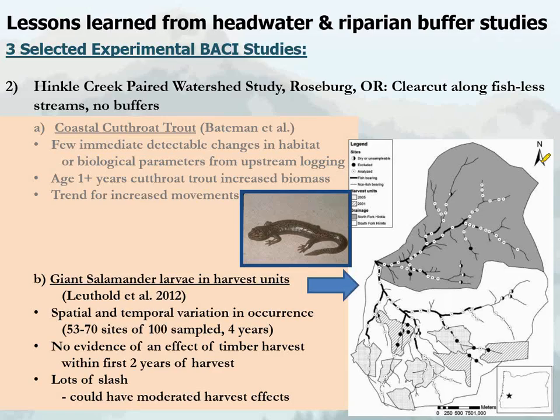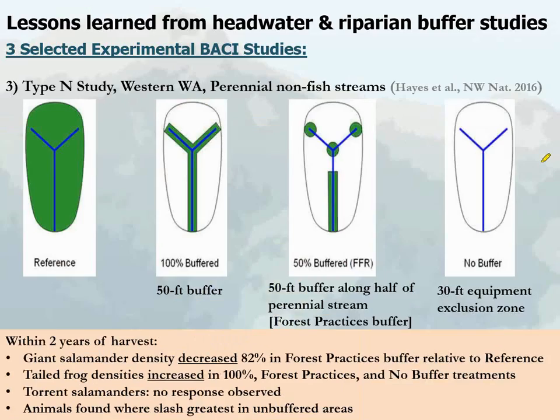One of their caveats was that there was a lot of slash in their streams, and it could have moderated the effect of harvest. So again, giant salamanders appear to be emerging as maybe resilient to harvest, but there might be some site-specific conditions going on in each study case.